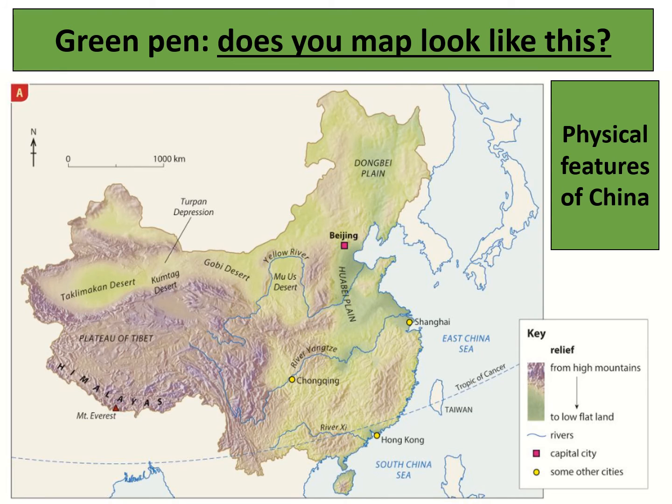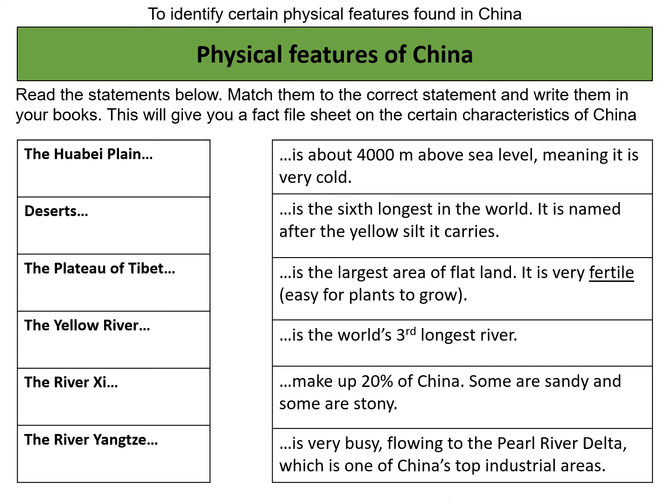Does your work look like mine? So make sure please that you are now self-assessing your work. So anything you've missed out by accident, then you would add those on please, and then we can move on to the next activity, which is the final activity. So what we need to do now is read through the statements below and write them next to the correct description.